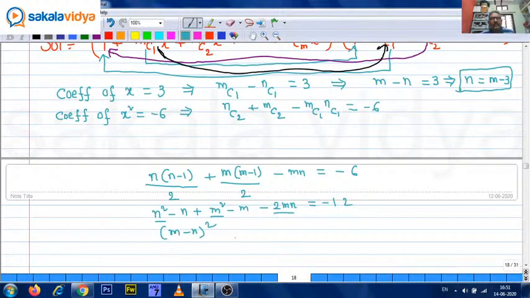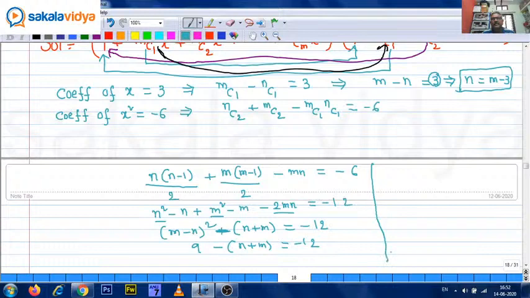Am I correct now? m minus n whole square plus minus n minus m, so we have minus common, n plus m equals minus 12. Now we have m minus n equals 3. So here 3 square is 9 minus n plus m equals minus 12.